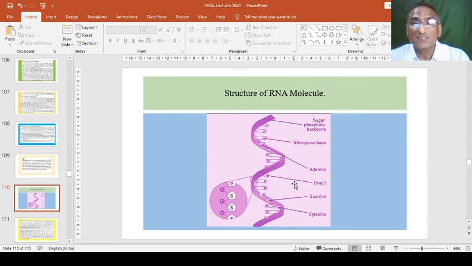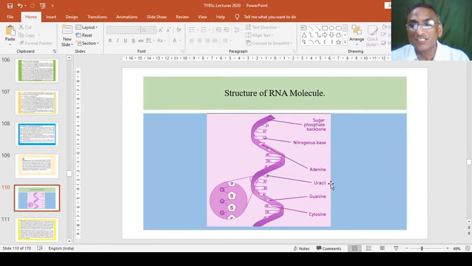and this diagram from the website shows that this is a generally single stranded RNA, and if you see the backbone, it is composed of ribosugars and phosphate bonds. In addition, there are the 4 bases: adenine, guanine, cytosine and uracil.